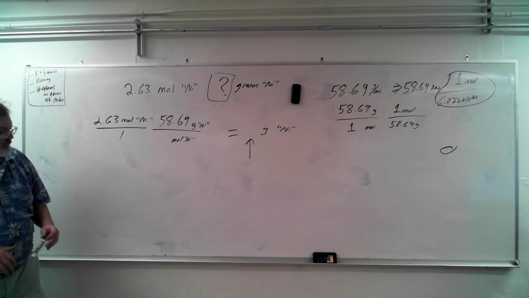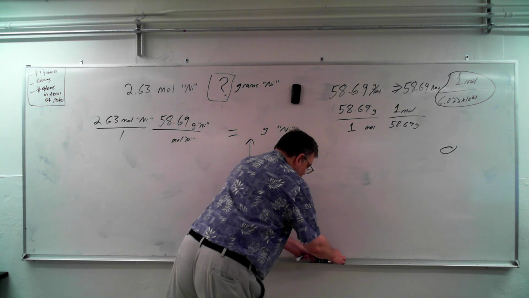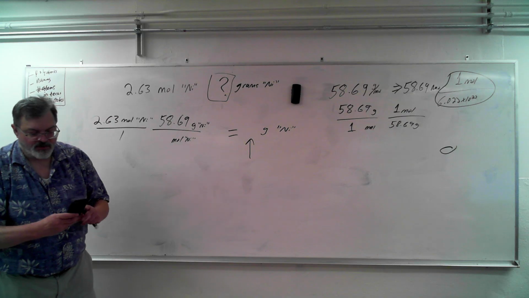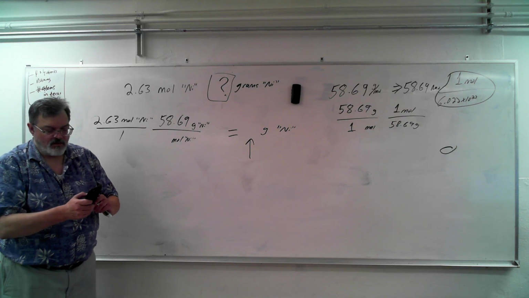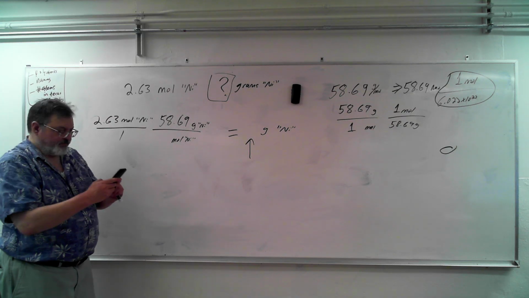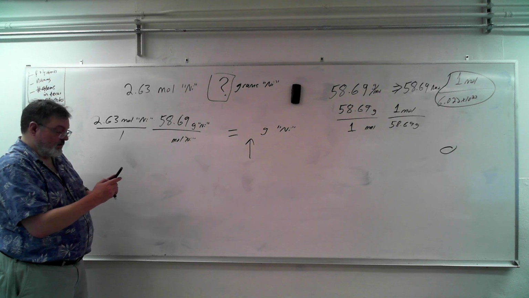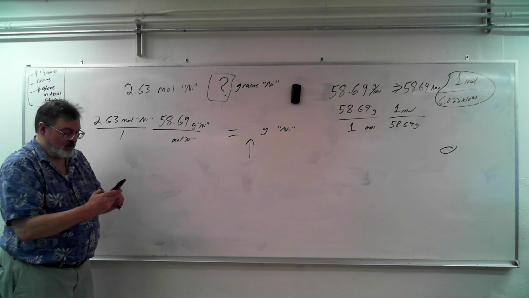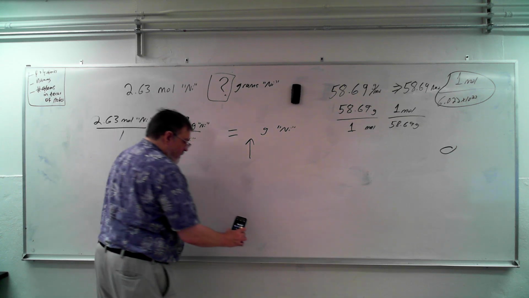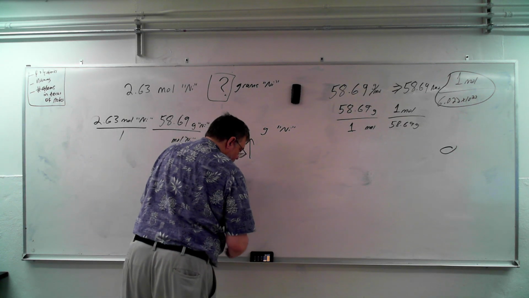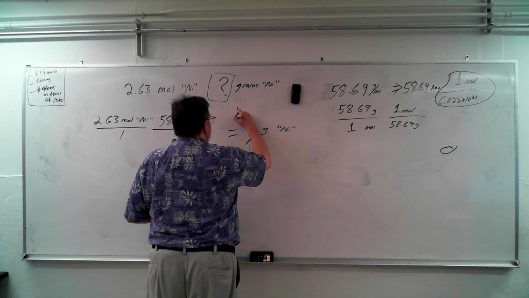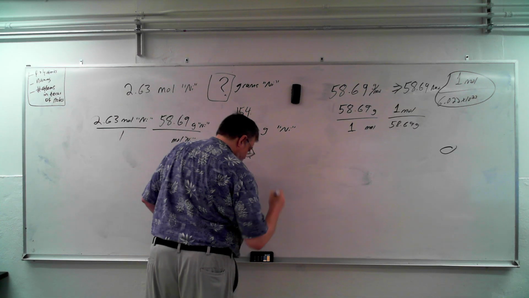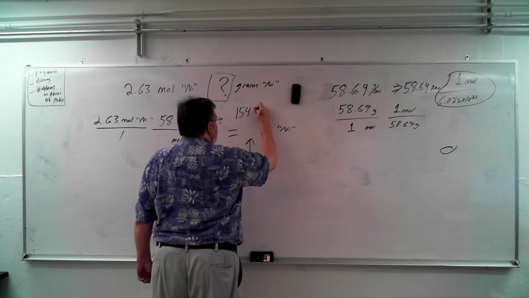3 significant digits, 4 significant digits. 2.63 times 58.69. My calculator says 154.3547.